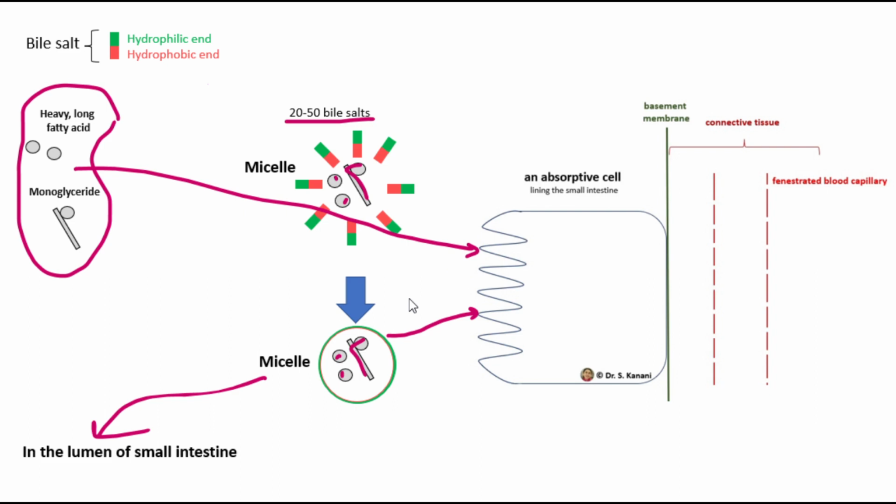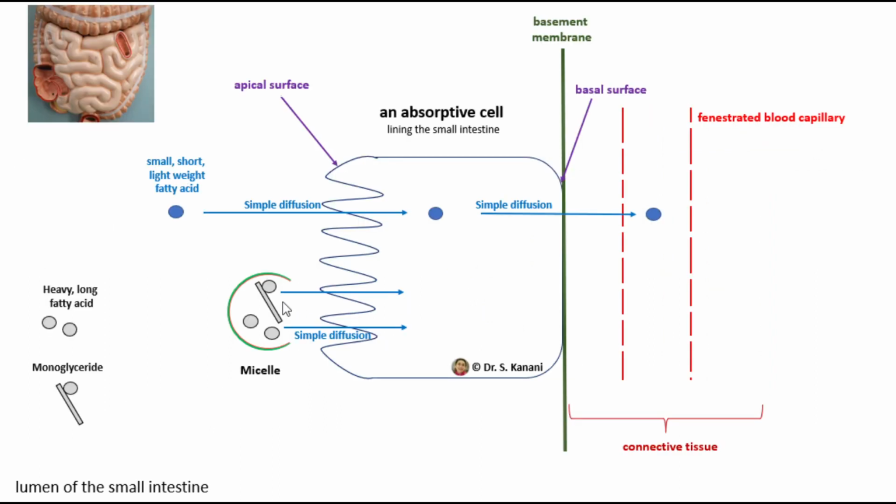And when a micelle gets close to the microvilli, the inside content, which would be monoglyceride and long heavy chains of fatty acid, by simple diffusion gets inside the cell.